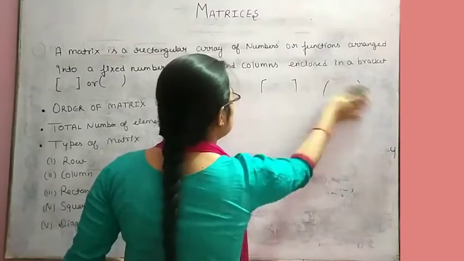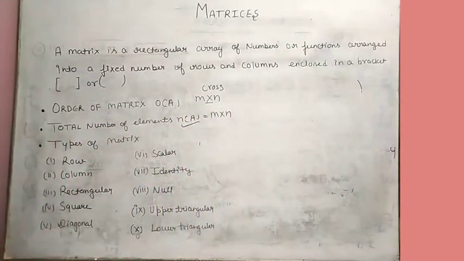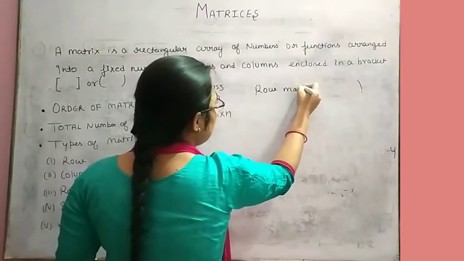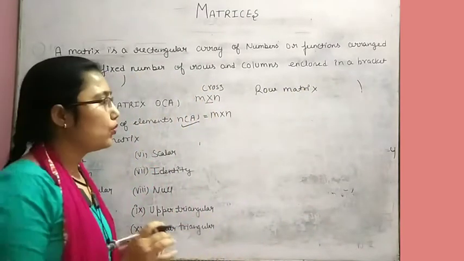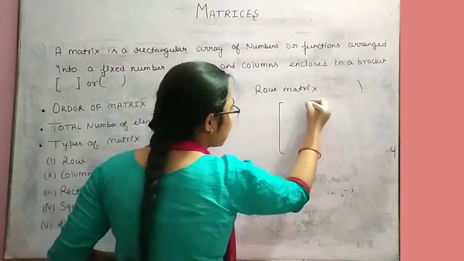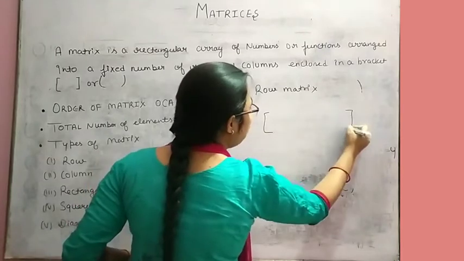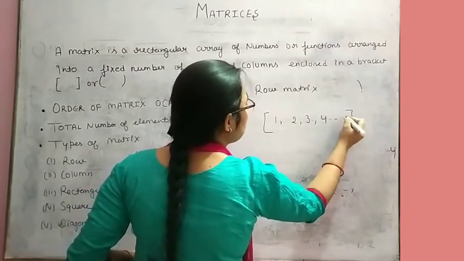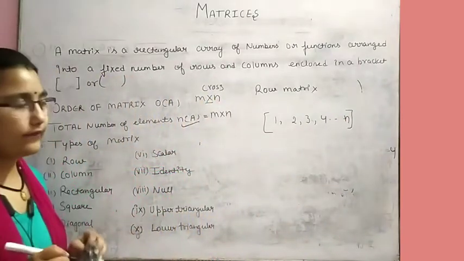Then types of matrices. Here we have 10 types of matrices. First is row matrix. By the name, we identify that it is a matrix having only one row. That means if any matrix has only one row, this is called a row matrix.